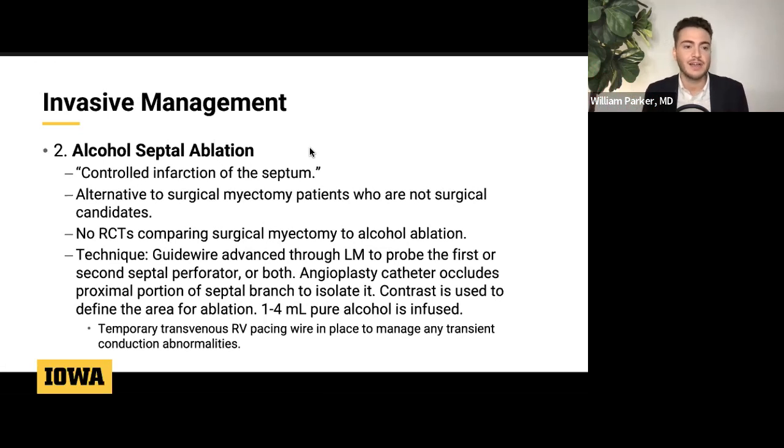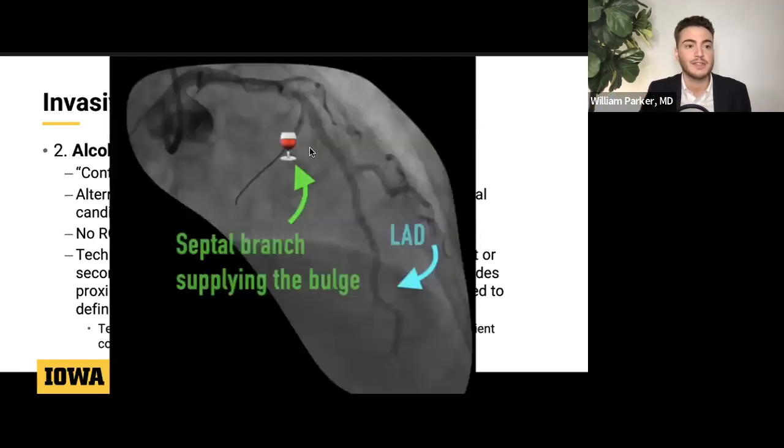It also uses a temporary transvenous pacer to prevent or treat transient conduction abnormalities. Here's a picture of the guide wire being advanced into the first septal perforator, coming off of the LAD, and then alcohol is injected.